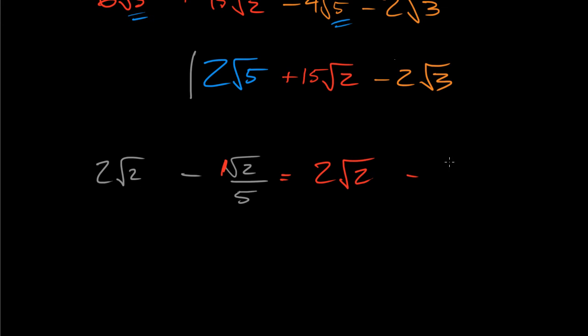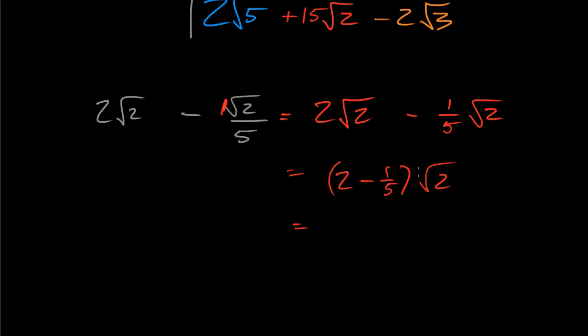And that means this second term is the same as 1/5 root 2. Well, okay, so I know to get my answer then, I'm going to do 2 minus 1/5 times root 2. And 2 minus 1/5 is like 1 4/5.